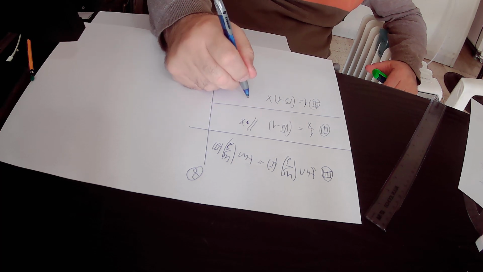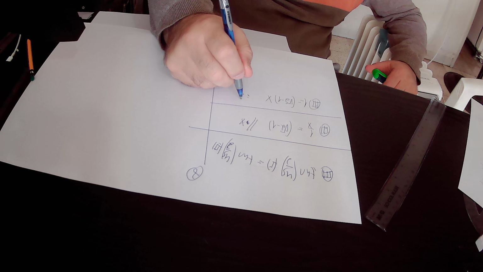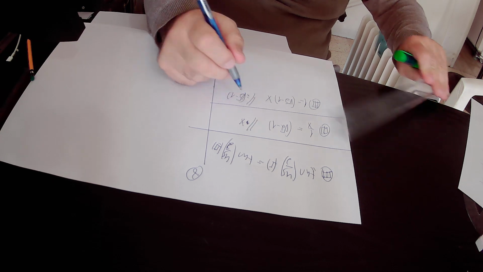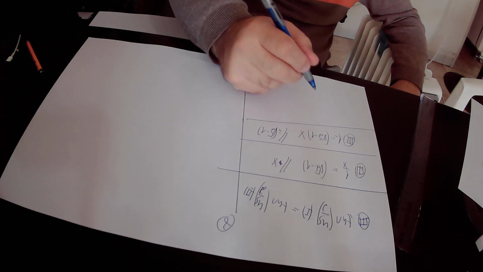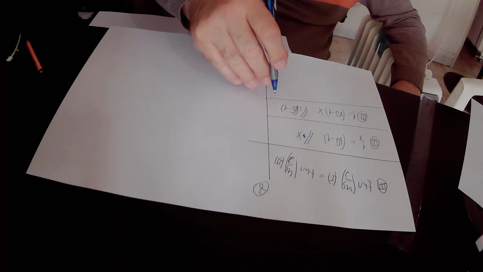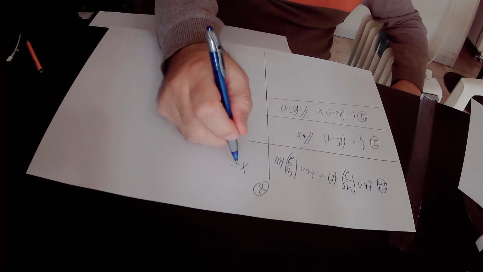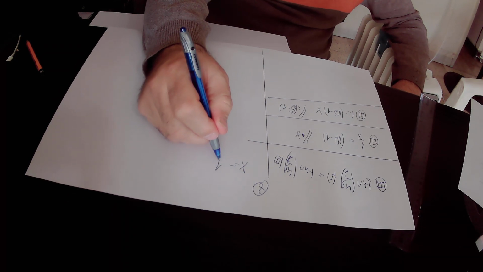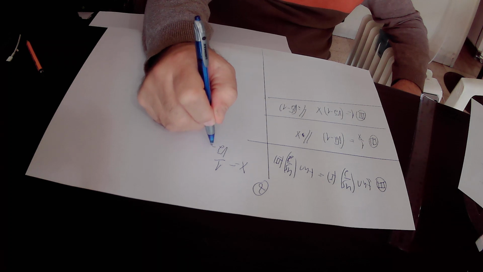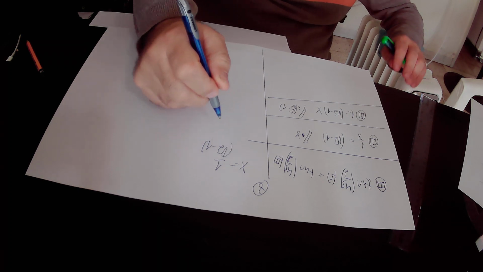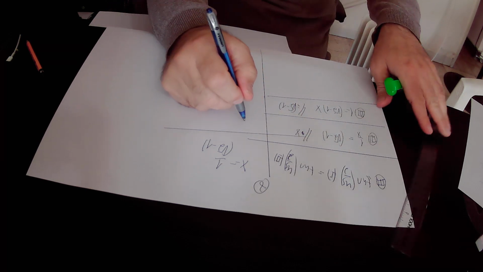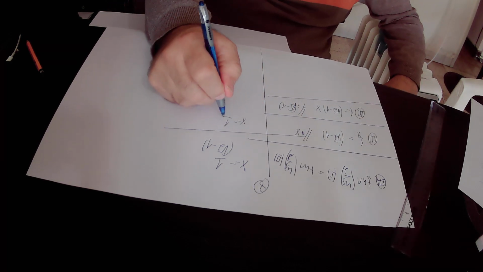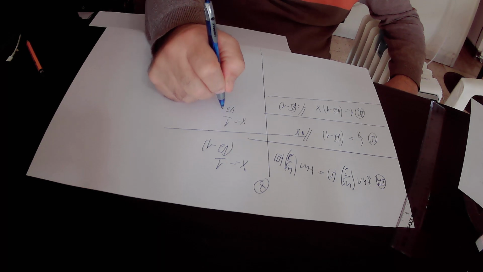Then we divide equation number 3 by square root of 2 minus 1, and we get that x equals 1 over square root of 2 minus 1.